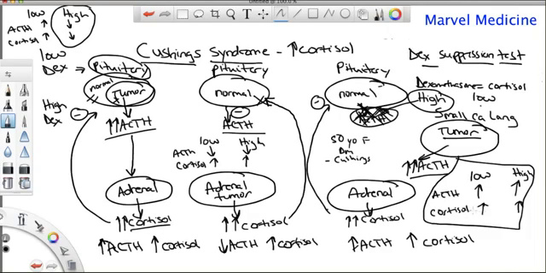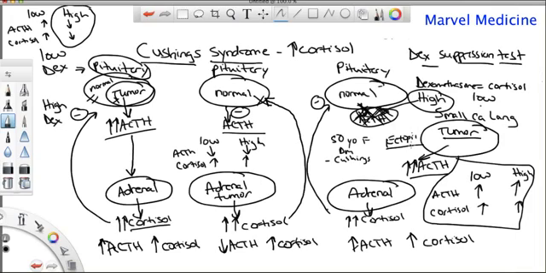And they'll ask you, what is your next step in management, or where would you look for a tumor? And you'd see, okay, this lady has Cushing's. You gave low dose and high dose and no effect to ACTH and cortisol. That means it must be an ectopic tumor releasing ACTH.